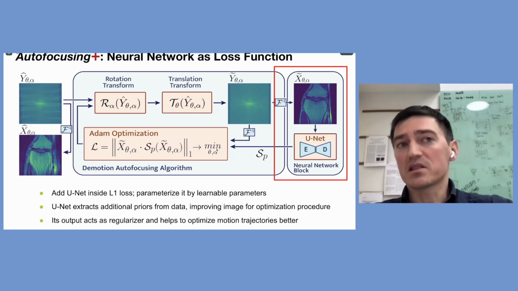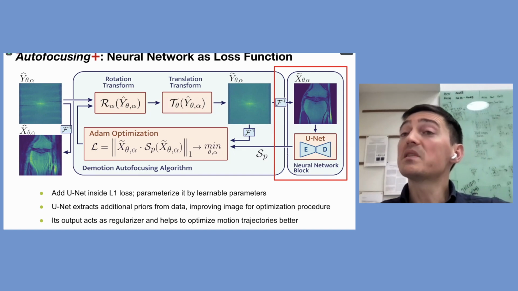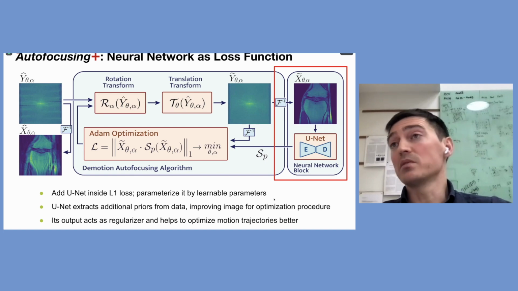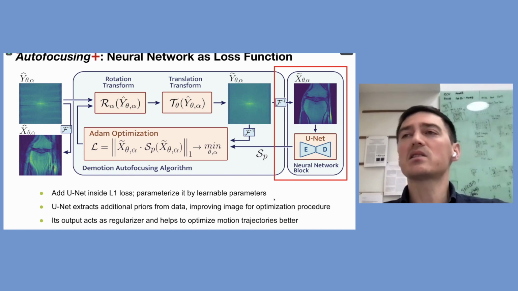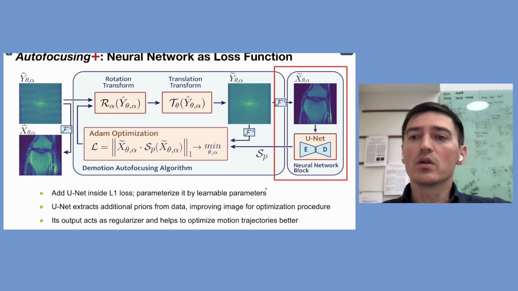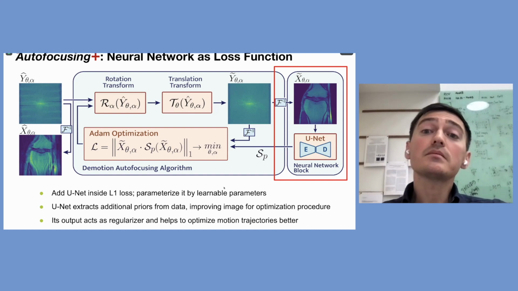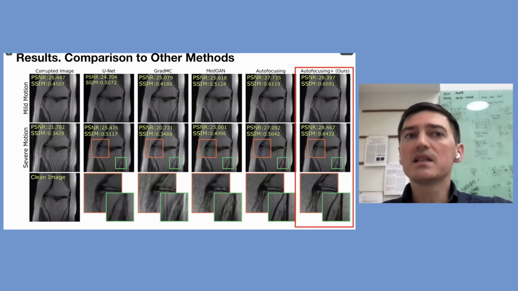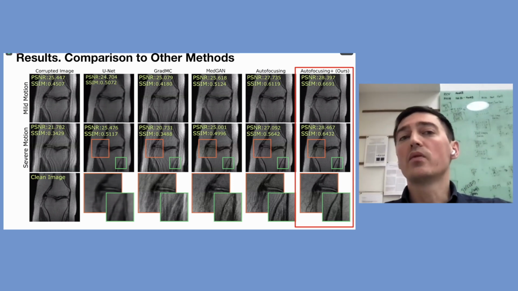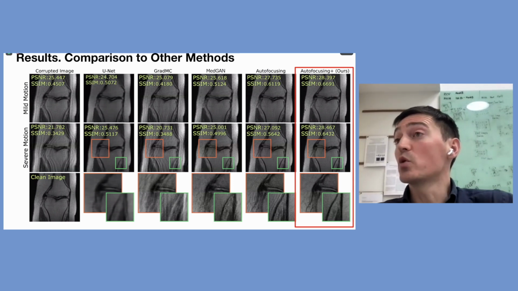This UNet essentially extracts additional prior information from the data, improves the image, and enhances training stability for the overall optimization task. It turns out such a simple addition immediately becomes a new method for improving motion artifact removal.